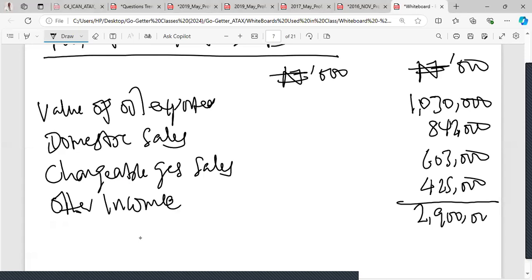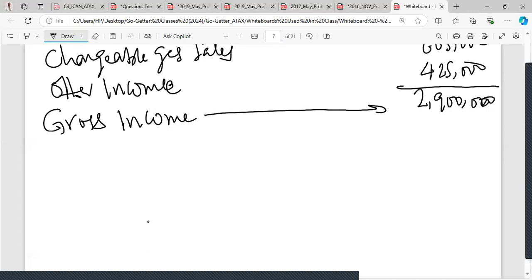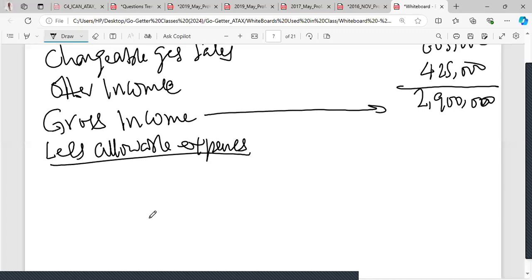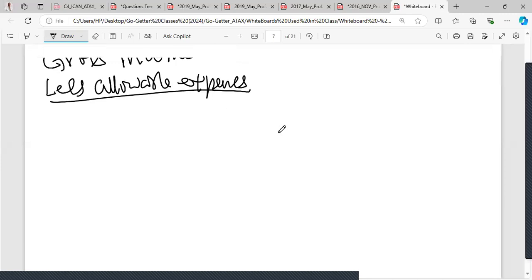So this is your gross income. You will now less allowable expenses. If you like, you call it section 10 allowable expenses, but I just want to use allowable expenses.